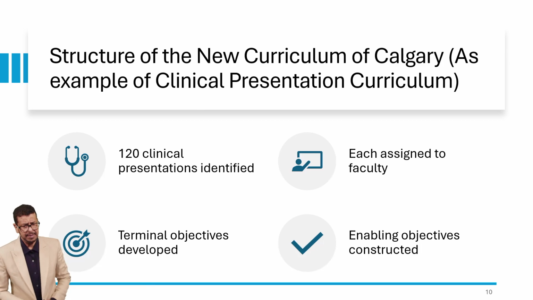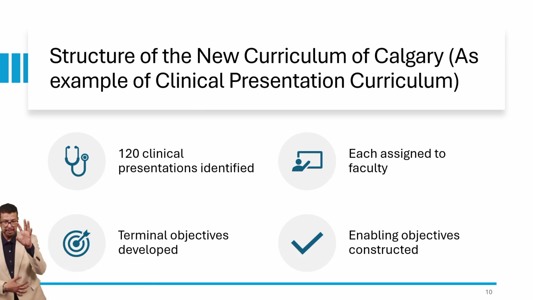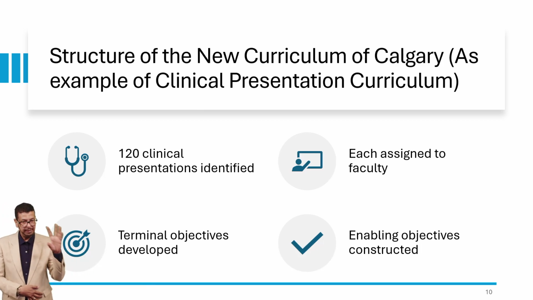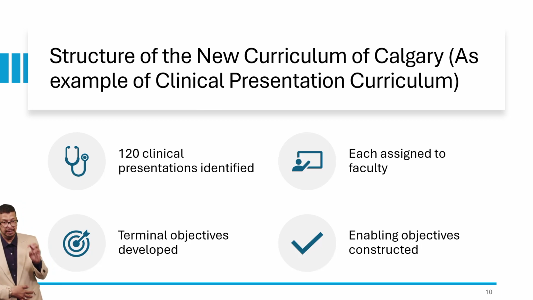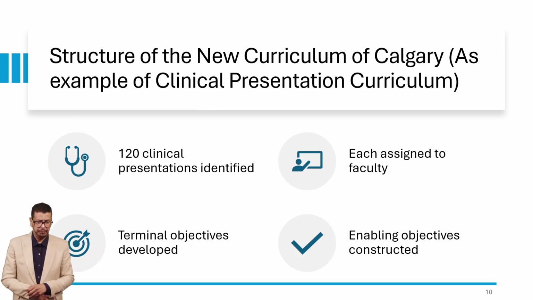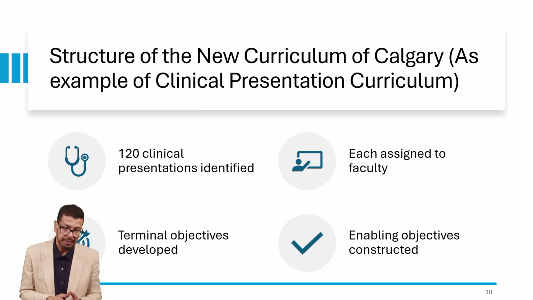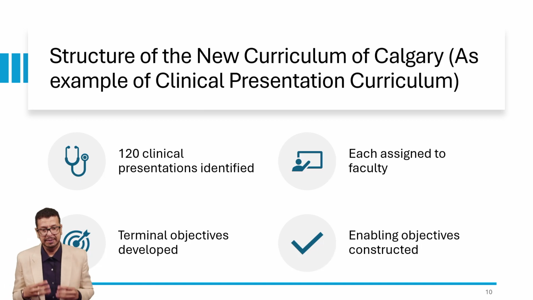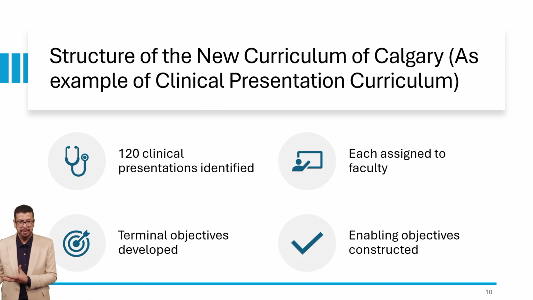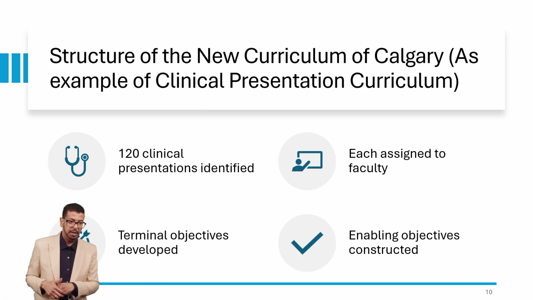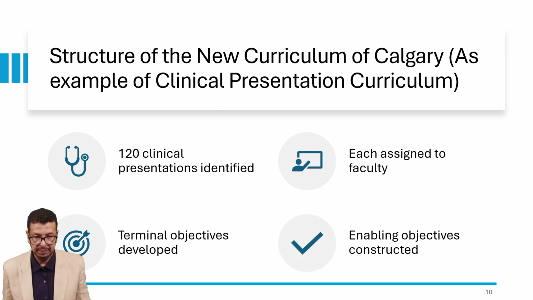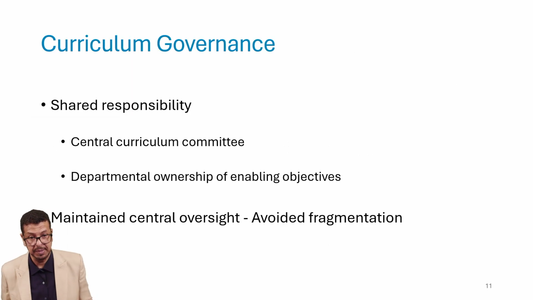So what is the structure of the curriculum described in this paper? The structure is around 120 clinical presentations, each assigned to faculty. There is a terminal objective for each problem, and an enabling objective for each problem. The terminal objective could be considered as an EPA for each problem, and the enabling objectives could be considered as enabling competencies.